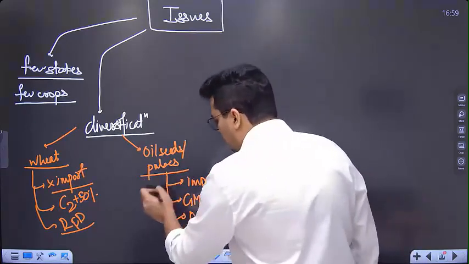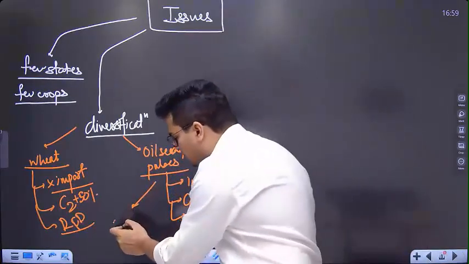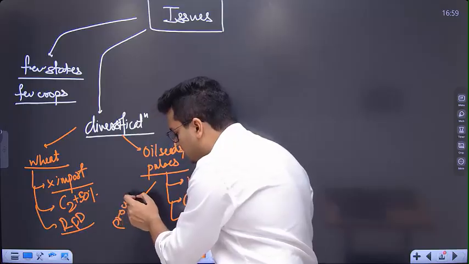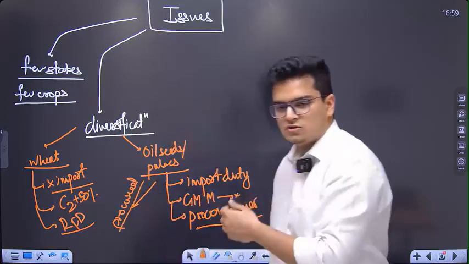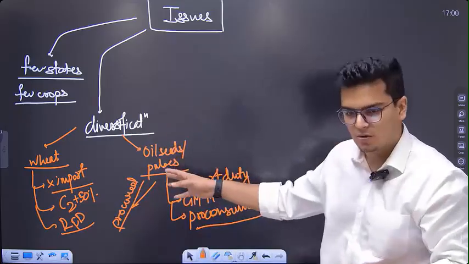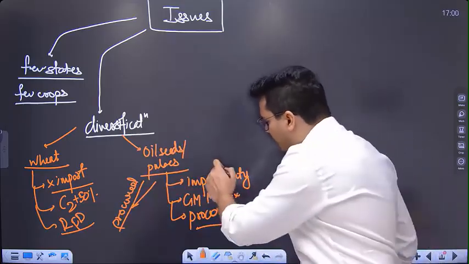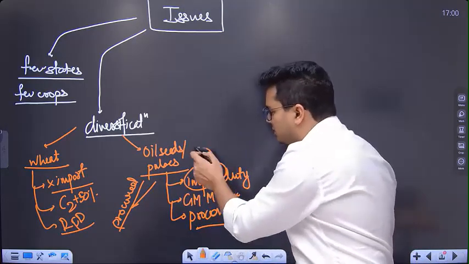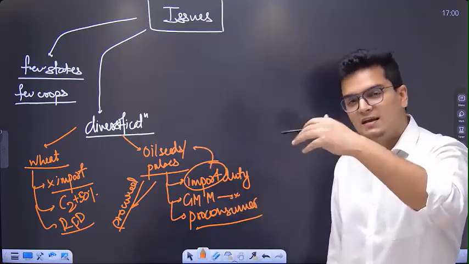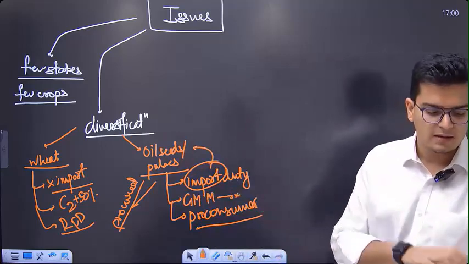And actually, oilseeds and pulses, even though MSP is announced, they are not procured properly. Even today, India has import dependence on oilseeds and pulses. Despite increasing the MSP for oilseeds and pulses, our import duty continues to be there.